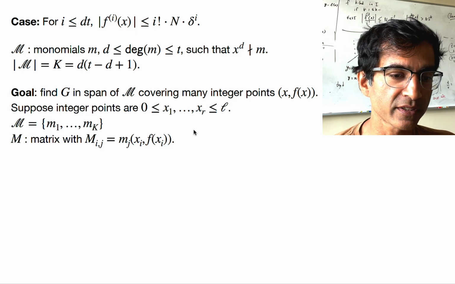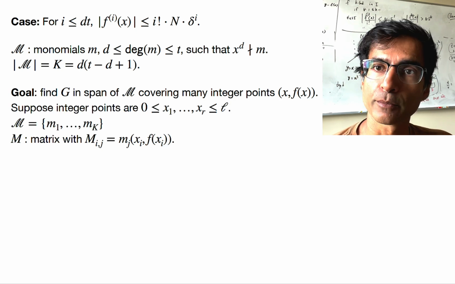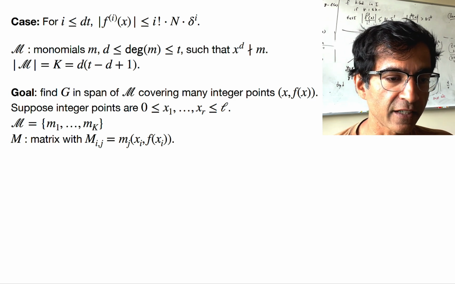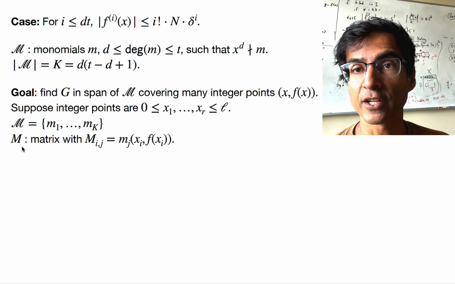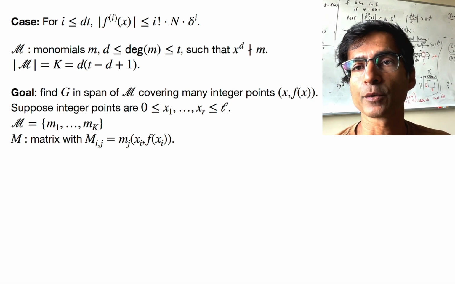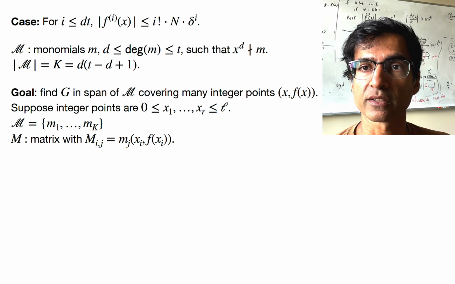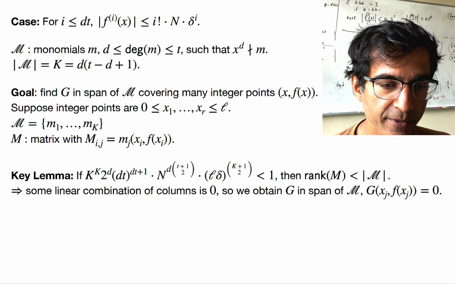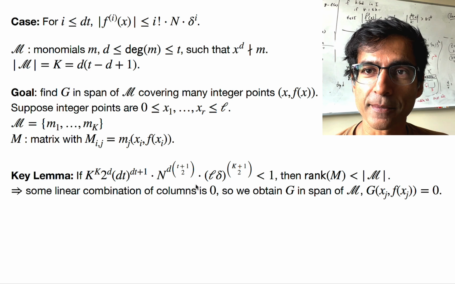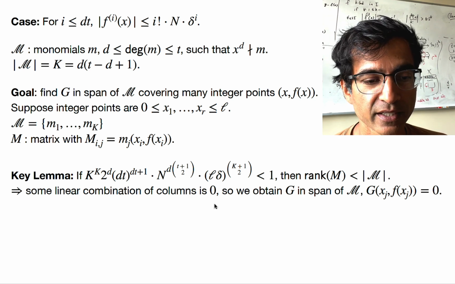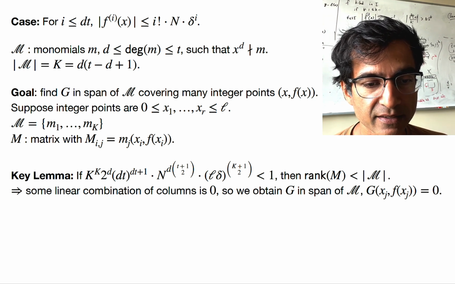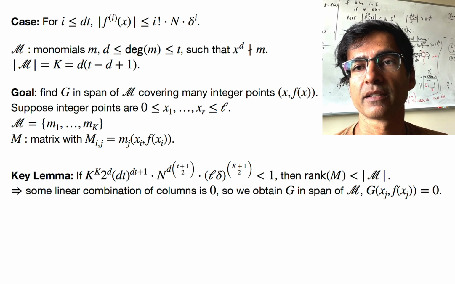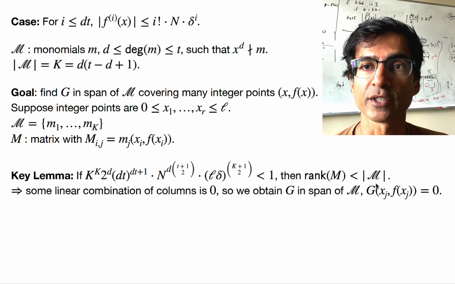Okay. So suppose the integer points correspond to the inputs x1 through xr in this interval. And suppose the set of monomials is m1 through mk, then we can define a matrix M, where every entry is an evaluation of one of the monomials on one of the integer points. The key lemma is that if all the parameters here satisfy this inequality, then the rank of M is less than the number of monomials.